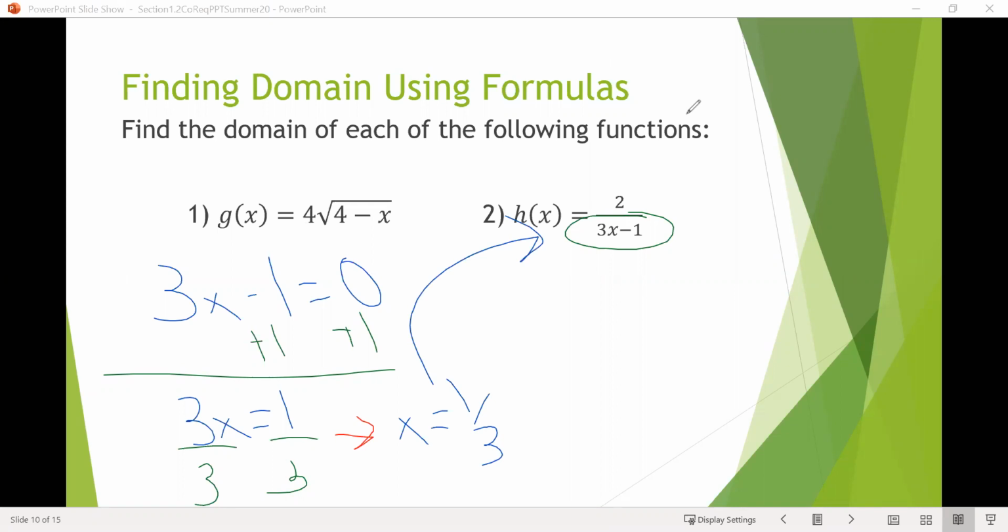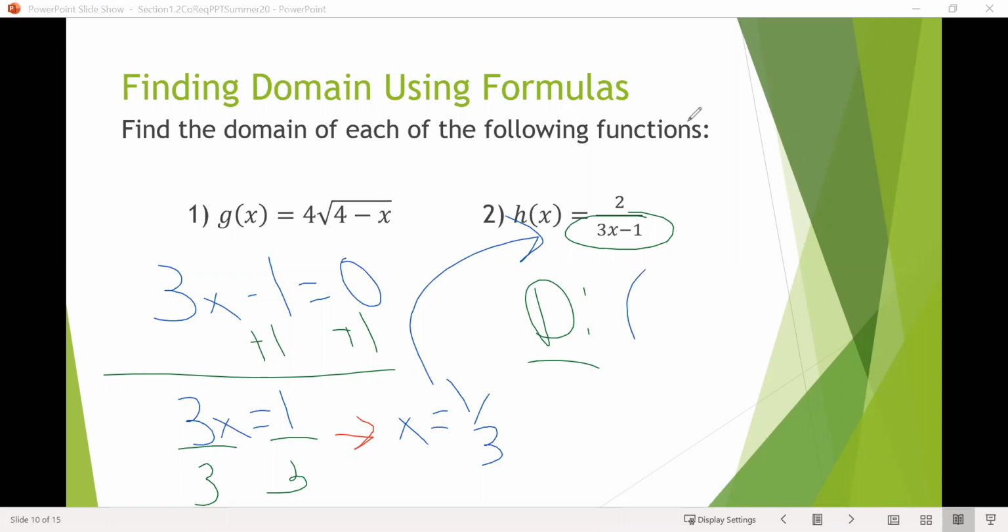If we think about it, there are no other restrictions on what x can be, right? It can be anything below 1/3, it could be 0, it could be negative numbers, it could be anything above 1/3: 1, 2, a billion, 500 over 3, any of those sorts of things. So based on that, our domain can have anything except for 1/3.